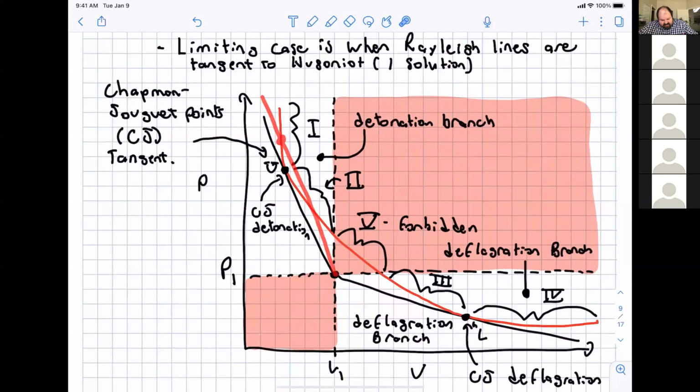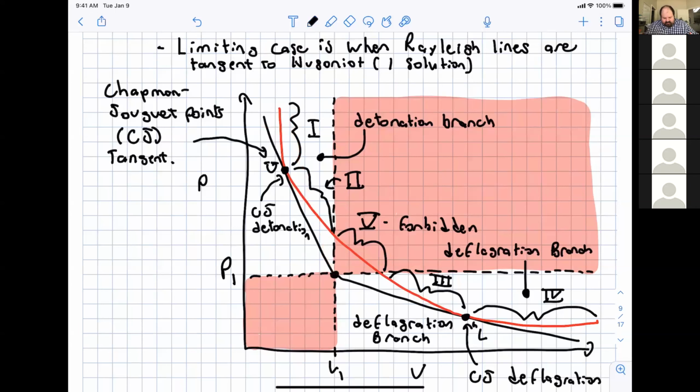And so that means at this potential solution point here, the slope of the Rayleigh line is less than that of the Hugoniot, and we can conclude based on Jouguet's rule that for these cases, the products of the combustion wave are subsonic with respect to the combustion wave. And in this region here, we have the exact opposite, where the Rayleigh line is steeper than the Hugoniot, and this means that the products are supersonic with respect to the wave.